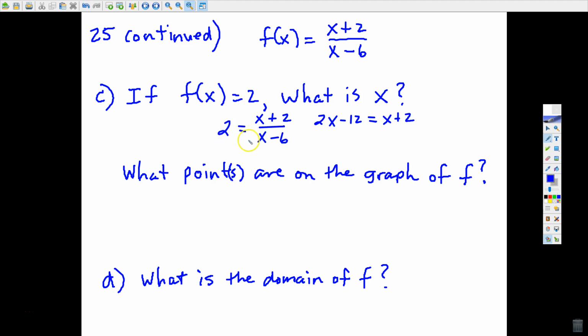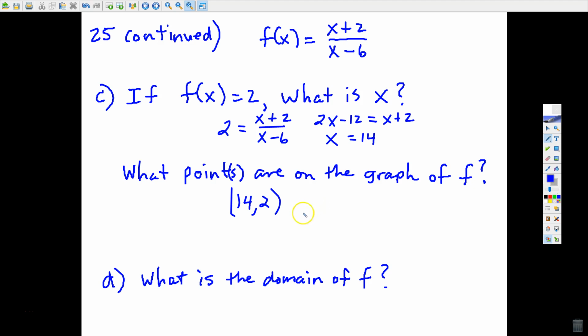Just multiply by x minus 6 on both sides, and I get, subtract x, add 12, I get x is 14. Okay, so what points are on the graph? Well, that's going to be the point 14, 2. Remember, x is 14. f of x is another way of saying the y-coordinate. So the point 14, 2 is on the graph of f.